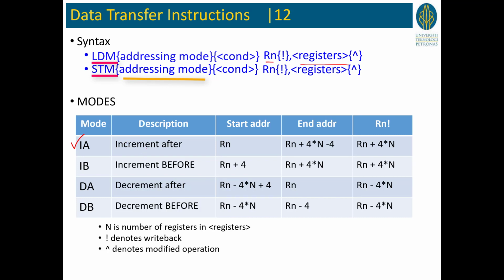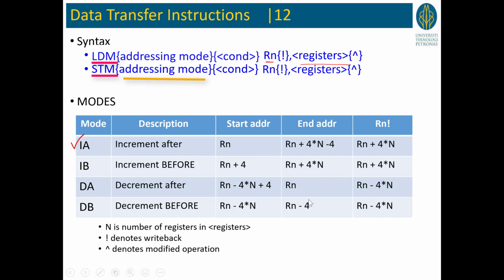When you use the increment after or increment before addressing modes, you will increment the address of the memory for each data item that you want to load from or store into. For decrement after and decrement before, the base register address will be decremented after or before you perform the instruction.